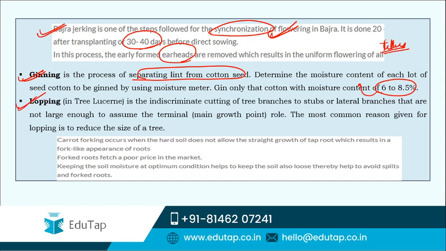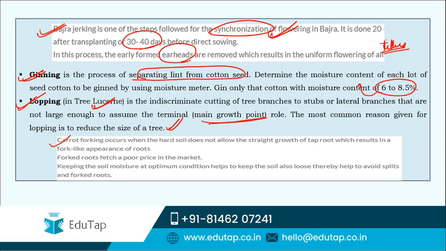Lopping is generally done in trees, especially in tree lucerne, where indiscriminate cutting of the lateral branches of the main tree is done on a large scale so that only the terminal main growth is left. Yes, lopping in lucerne. And the most common reason for lopping is to reduce the size of the tree and get more vegetative growth.